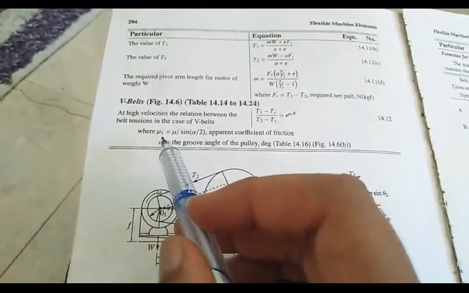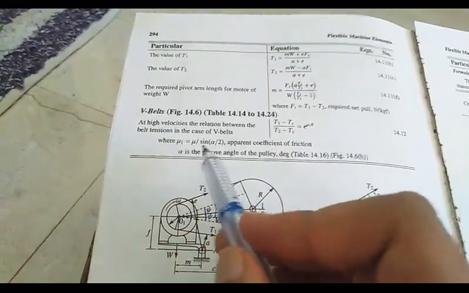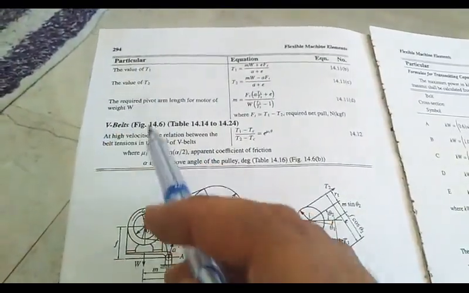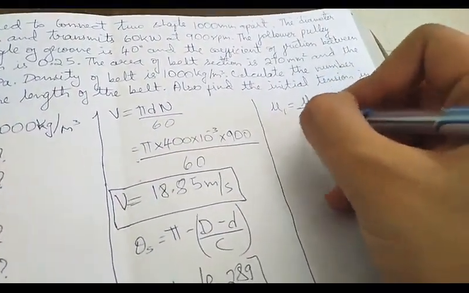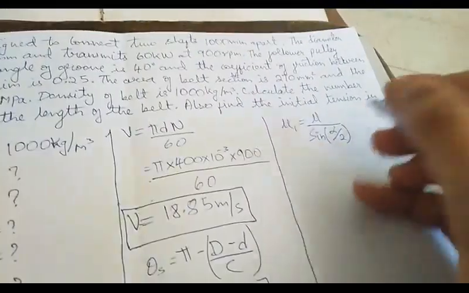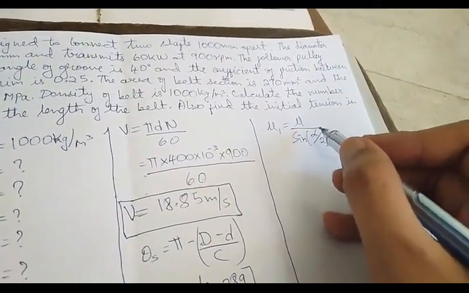So we have to consider the apparent coefficient of friction. In the data handbook there is a formula, mu1 is equal to mu divided by sine alpha by 2. So this is the formula for apparent coefficient of friction, page number 294, equation 14.12. We shall take this formula, mu divided by sine alpha by 2. This alpha is nothing but the groove angle.